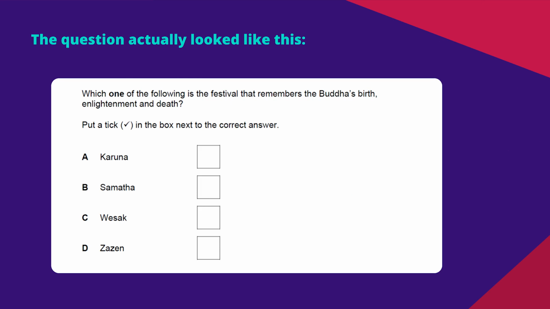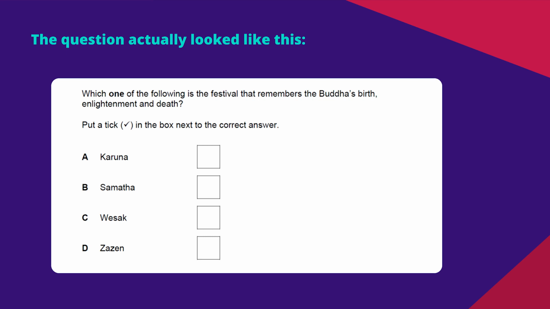The question, when it appeared on our GCSE paper, actually looked like this, which you can see works far better and meets all those design principles. The question actually read, which one of the following is the festival that remembers the Buddha's birth, enlightenment and death? And so we've got a question that clearly tells the student what they need to do.